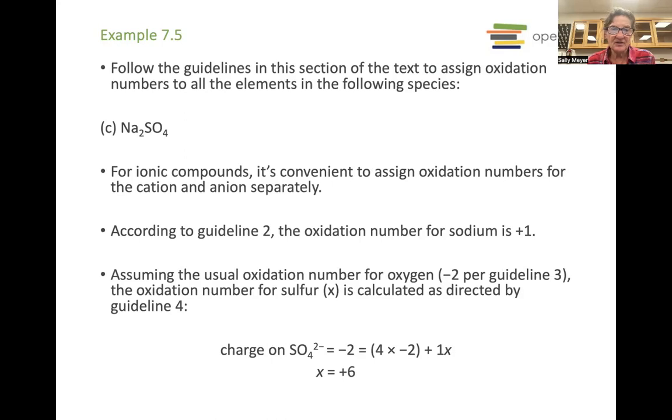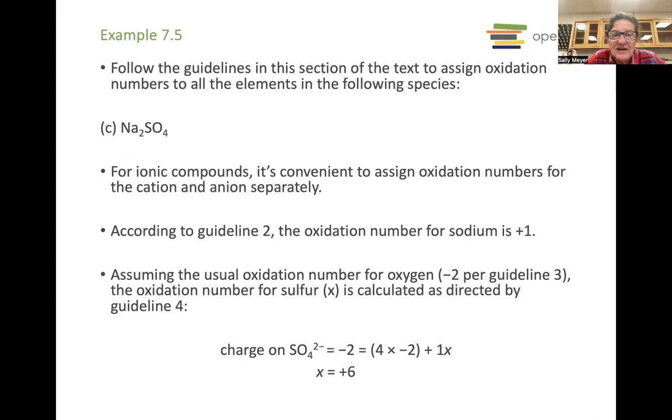So we want to give the oxidation numbers of each of these species. It's an ionic compound, so it's convenient to assign oxidation numbers for the cation and anion separately. All sodiums, if you go back to your solubility table, all sodium salts are soluble.